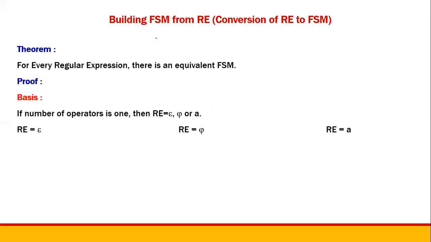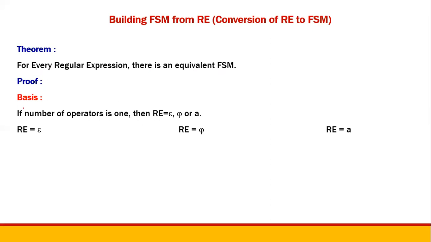So the first one we will see building FSM from the regular expression. And the theorem goes like this: for every regular expression, there is an equivalent FSM, because the regular expression is a short form of the finite state machine. So definitely for any regular expression, we will be having the equivalent FSM. So that means we can convert the given regular expression to FSM.